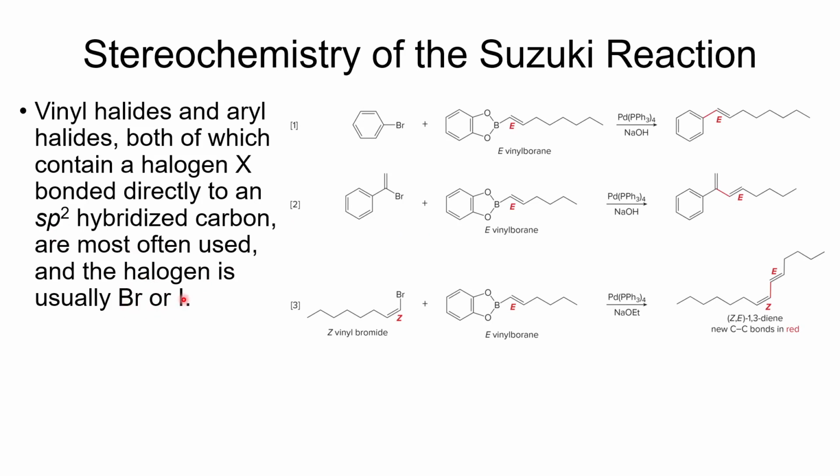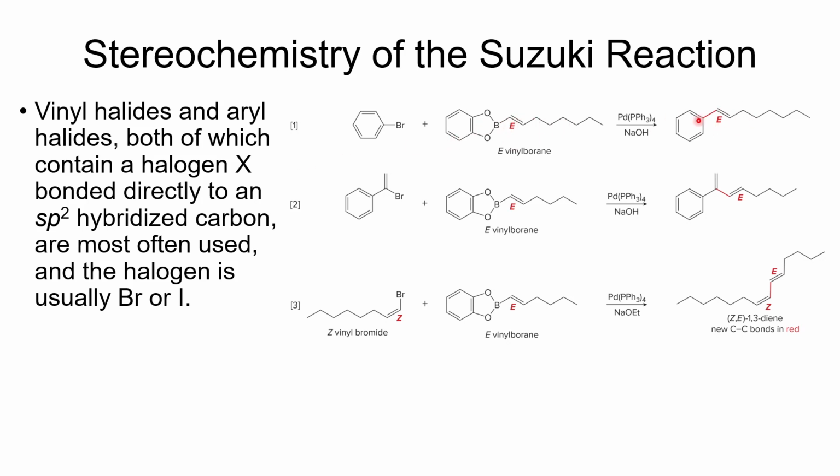Again, chlorine is not usually used, and fluorine definitely not used. So here we've got this aryl halide, and then here is our organoborane. The point of this is that when we do this reaction and we have a specific stereochemistry in this organoborane, that stereochemistry is going to be retained. So we don't lose that stereochemistry.